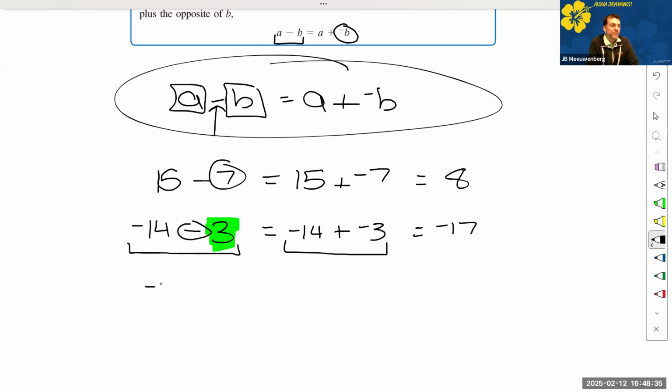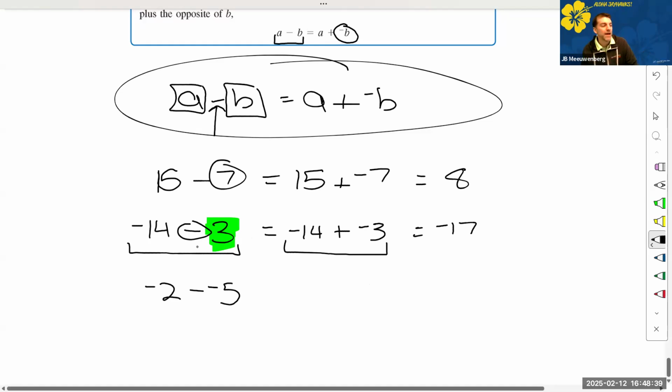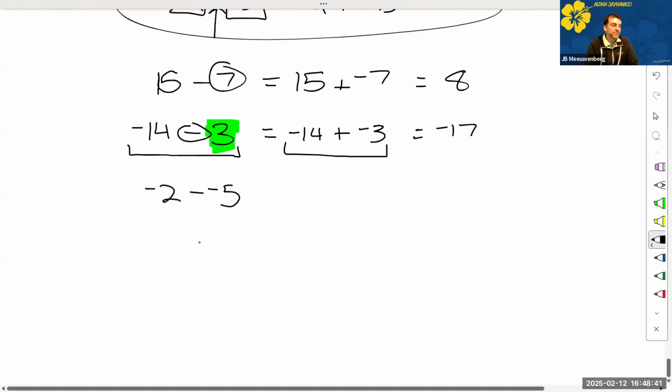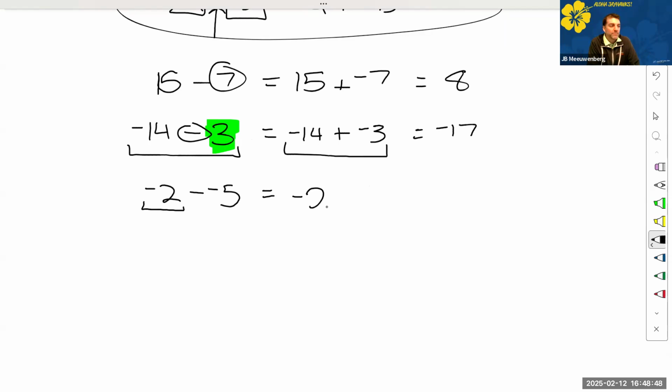Now let's try this one. This is where they can get a little tricky. Take a moment, examine that, and try to do the same thing. Again, we start with negative 2. That's our starting point. We are changing our minus sign to a plus sign. And then we're taking the opposite of this number. Notice that this number was a negative number, and the opposite of a negative number is a positive number.